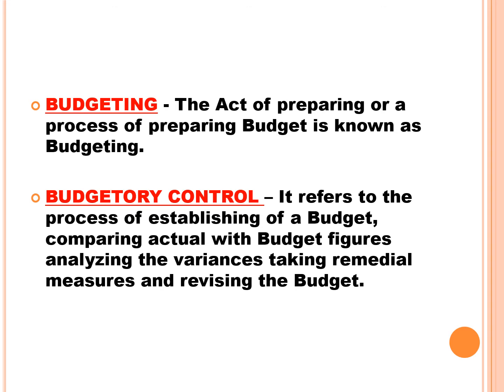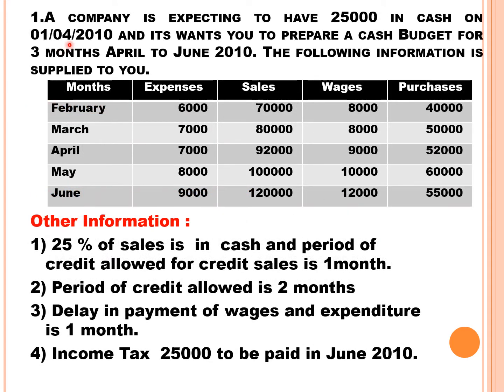Now students, let us solve one problem today in case of cash budget. A company is expecting to have 25,000 in cash on 1st April 2010, and it wants you to prepare a cash budget for 3 months, April to June 2010. The following information is supplied to you. We have the months of Feb, March, April, May, June, with details of this particular budget: expenses, sales, wages, purchases.